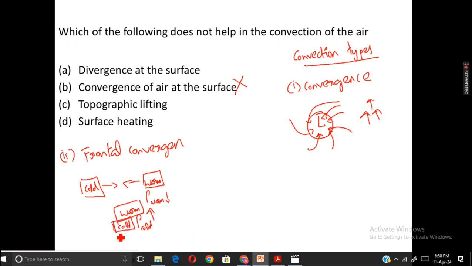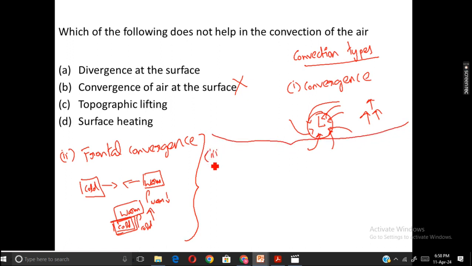The cold air will go down and the warm air will be uplifted. So this will also lead to rising of air parcels. The warm air is being lifted from the surface. So this is another type of convection.